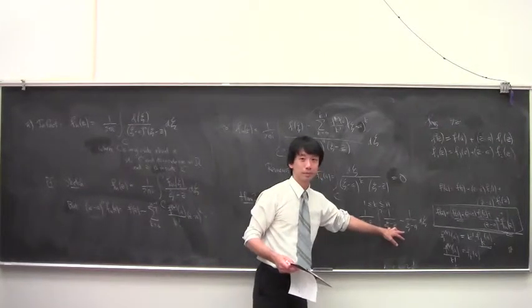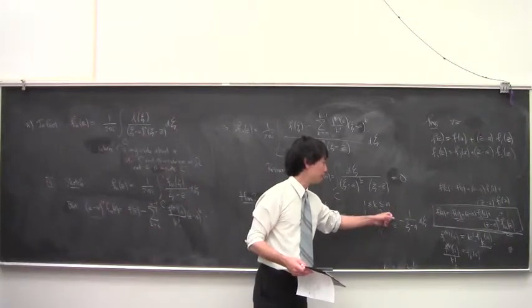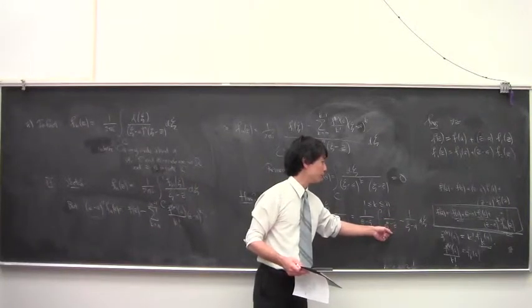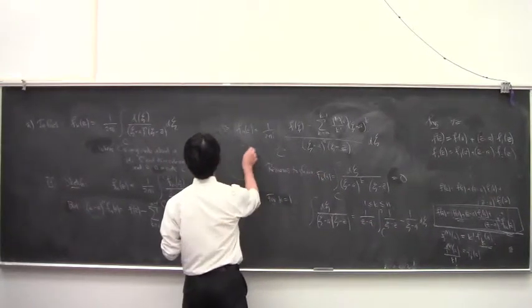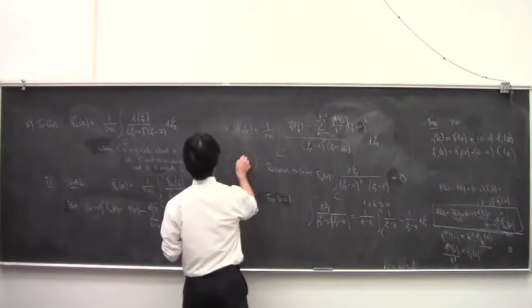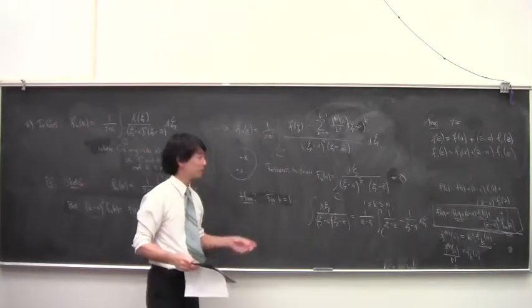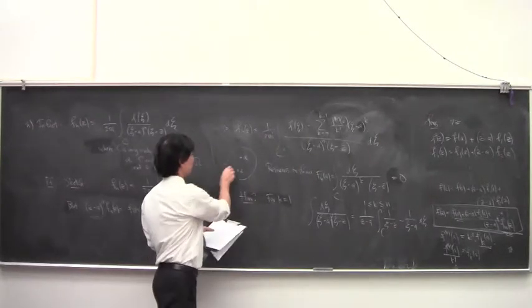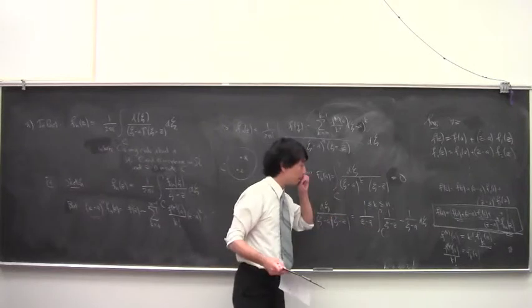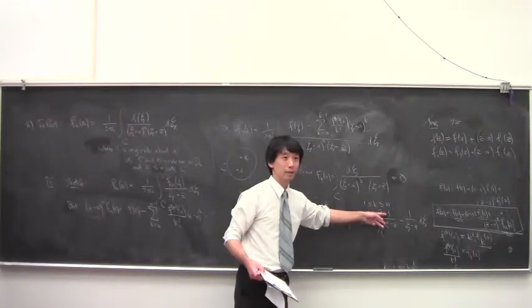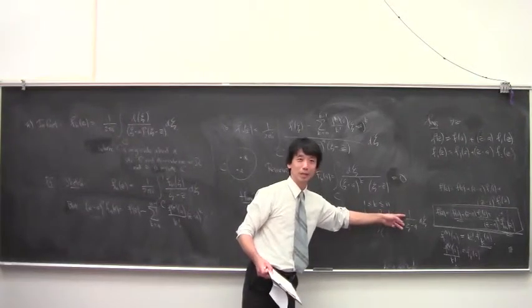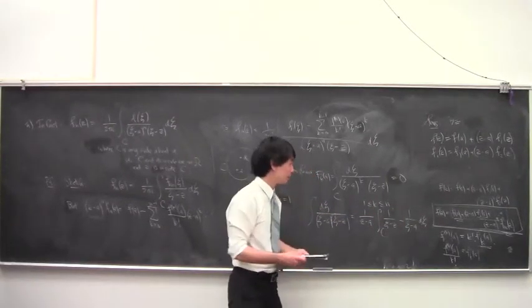And what's this? Well, this is the integral of 1 over zeta minus z. Remember what C is, right? C is some circle around a, right? And z is some other point inside C, right? So what's this? This is going to be 2 pi i, right? Minus, again, 2 pi i, and so you get 0.